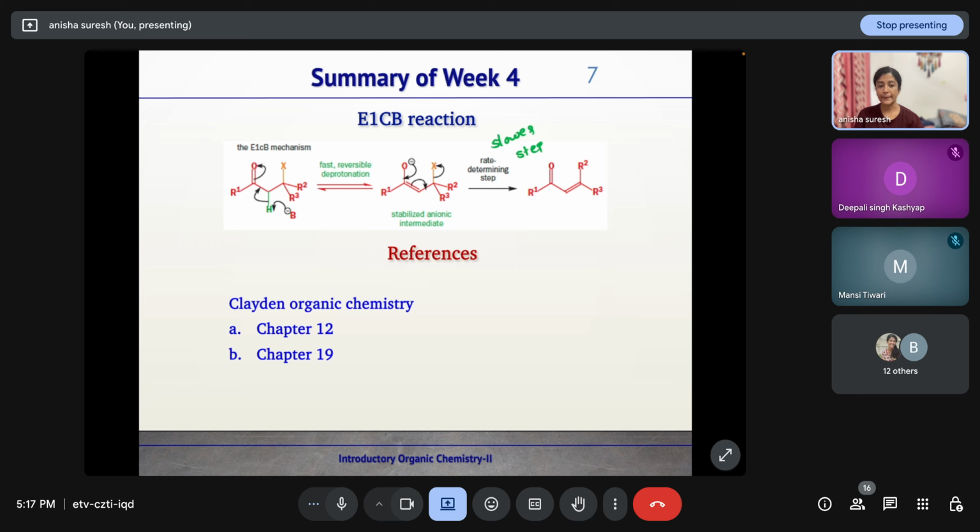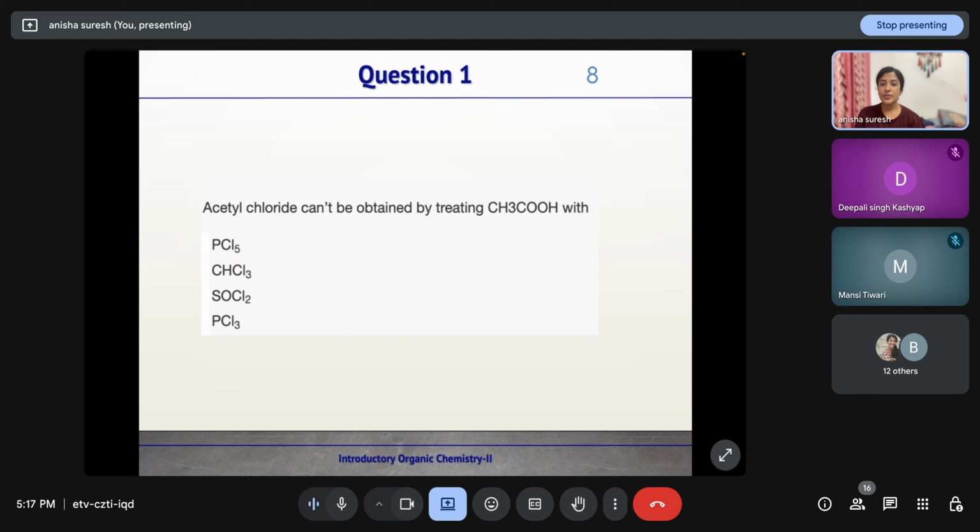Yes, ma'am. Okay. Now coming to question number 1. Acetyl chloride can't be obtained by treating acetic acid with A. PCl5, B. CHCl3, C. SOCl2, D. PCl3. Ma'am, option 2, CHCl3 is the right answer.